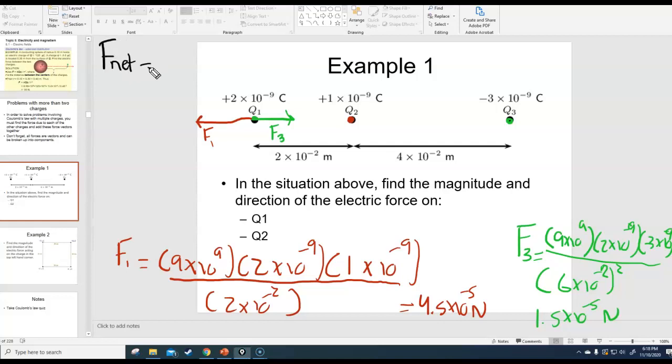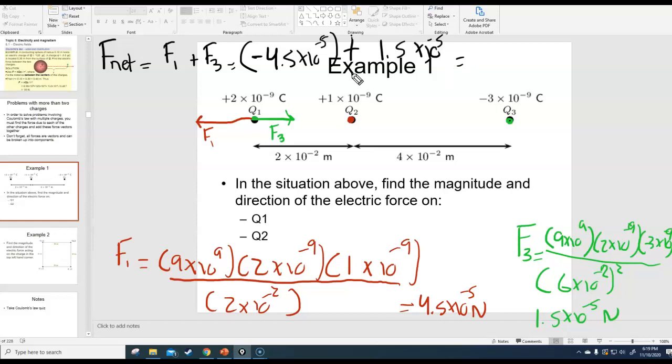Well, of course, the net force is just the sum of the forces, F1 plus F3. And when I go to add these, taking into account direction, I would put negative 4.5 times 10 to the negative 5 plus 1.5 times 10 to the negative 5.